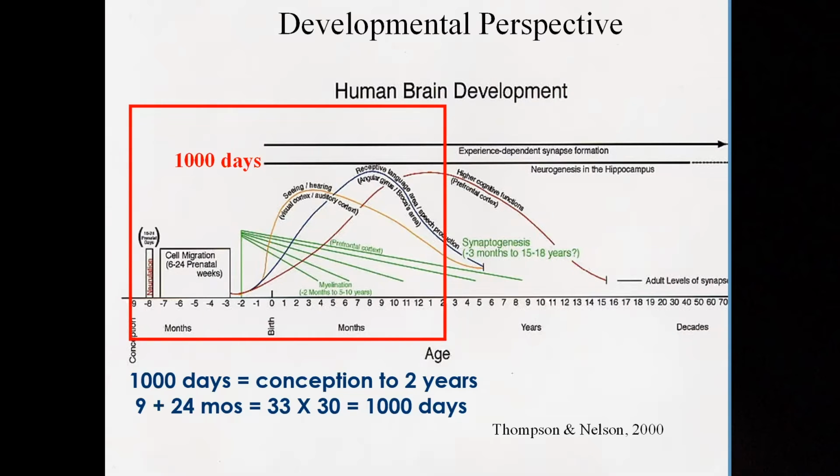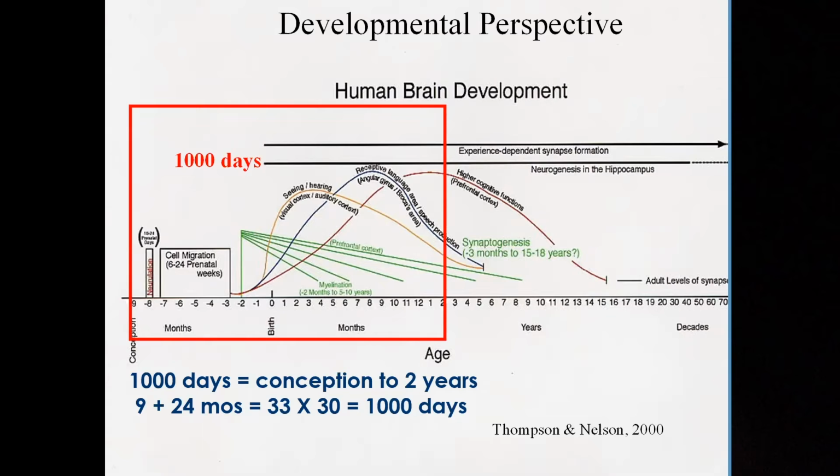So it starts at conception, goes up by months to birth, up to age 12 months, and then continues on in years. I've drawn a box around the first 1,000 days. That represents from conception to age 2 years. That's 33 months multiplied by 30, and you have 1,000 days.